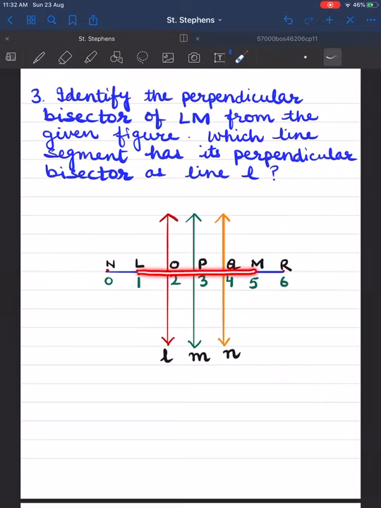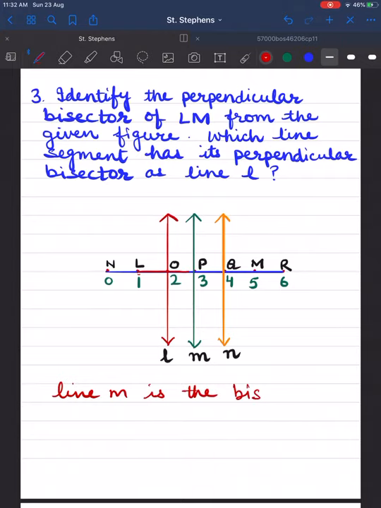So we observe the figure and find that P is the midpoint of line segment LM and line M passes through P. So it means line M is the perpendicular bisector of LM. And children, this symbol stands for perpendicular.